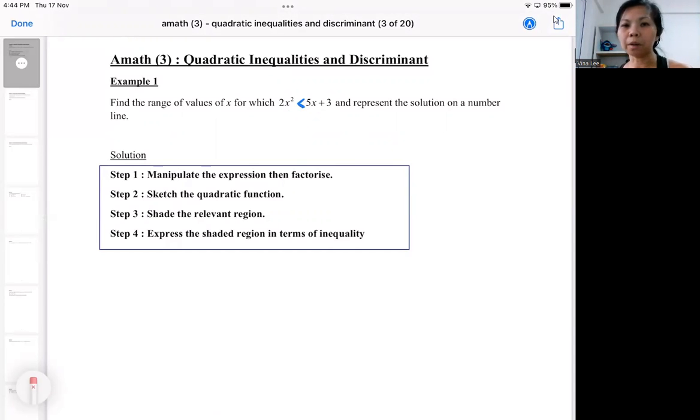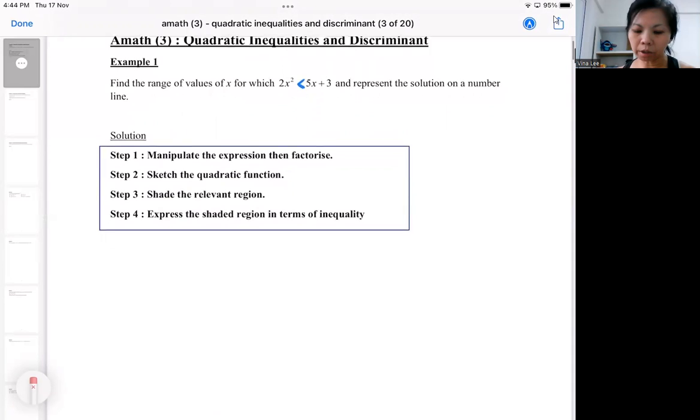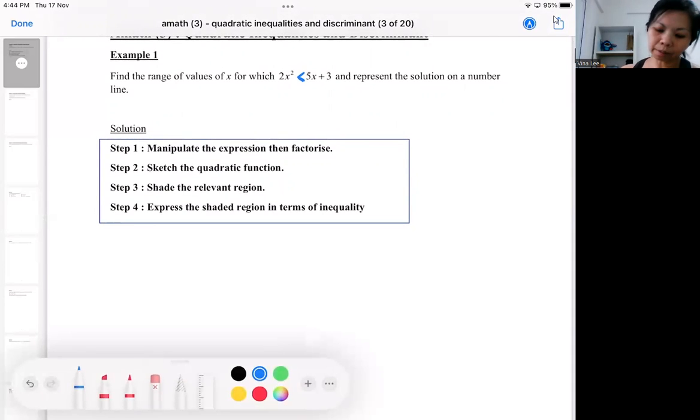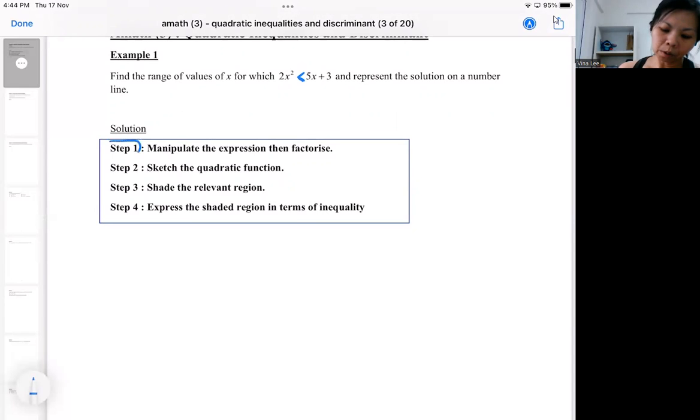So how are you going to find the range? So the range is dependent on the graph. So let's follow the steps first. So for the first step, we need to manipulate the expression so that it will be feasible to factorize. So what do we mean by manipulate the expression? So essentially, you need to move everything over.